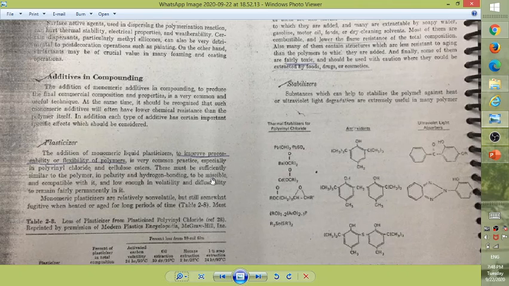So all these topics we have considered in the mechanism of plasticizers, that polarity and hydrogen bonding should be there to be miscible with the polymer, and it should have low enough volatility and diffusibility to remain fairly permanently in it.